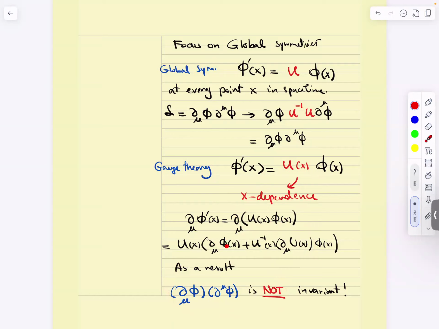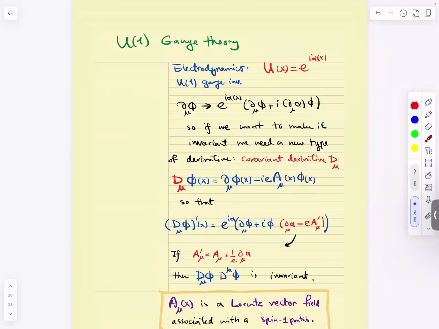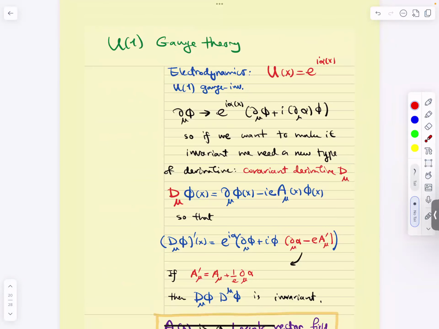But if this transformation is all made up in my head, things will have to be invariant. We'll see that. Okay, everybody's with me? Good. Now, in electrodynamics, in U1 gauge theory, U of x is just a phase, e to the power of i alpha of x, at every point.